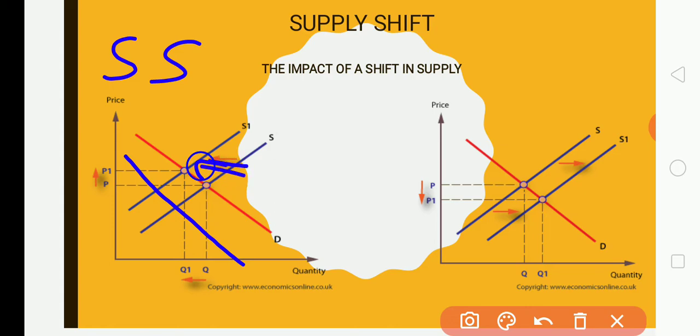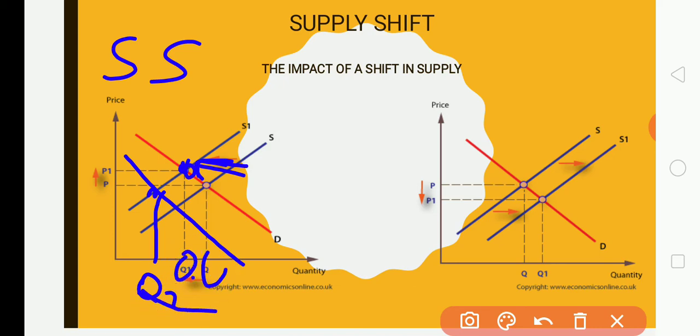When the supply curve shifted leftward and the demand curve shifted leftward, what will happen to the quantity? The quantity is reduced. Earlier this was the equilibrium point, now it has decreased to this point, which means the quantity is reduced from Q1 to Q2.